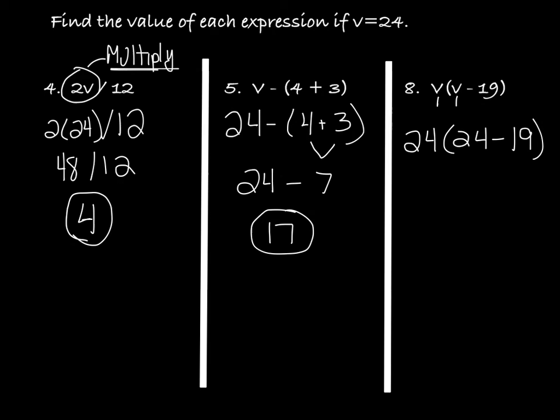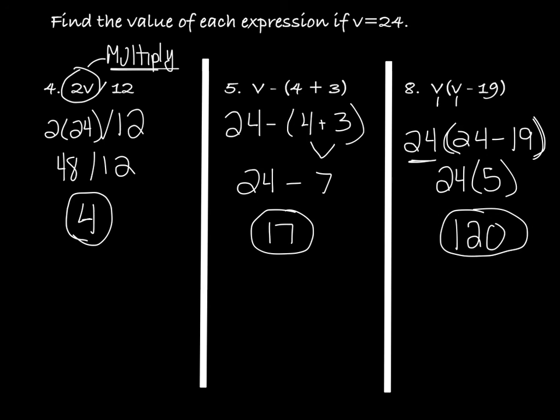And then again, because there's nothing between this and the parenthesis, that means that it's still multiplication. But again, doing order of operations, I have some math in the parentheses that I have to do first. So 24 minus 19 is 5. And now I rewrite it. So now I simply have 24 times 5, which equals 120. So the answer to number 8 is 120.